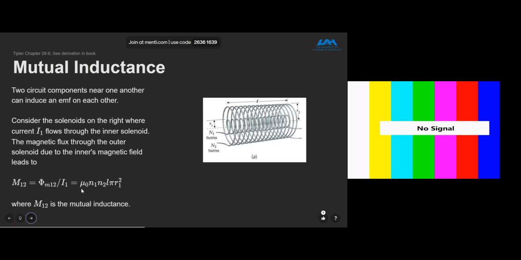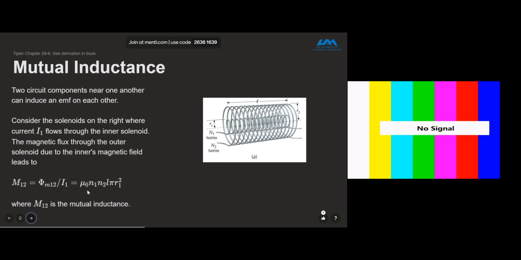And you can see that the mutual inductance, for example, between two solenoids that are embedded within one another is going to be mu naught times the number of turns per length in the inner and outer solenoid, respectively, times the length of the two solenoids, assuming those are the same length, times the area of the inner solenoid.